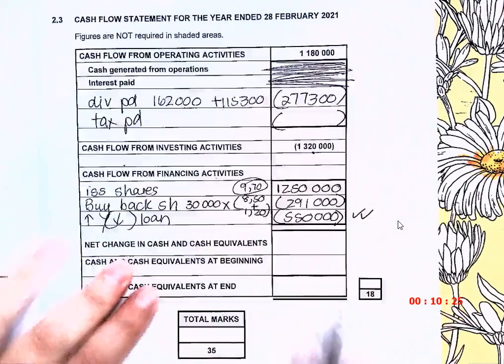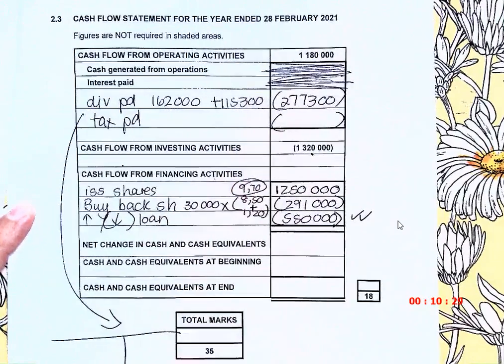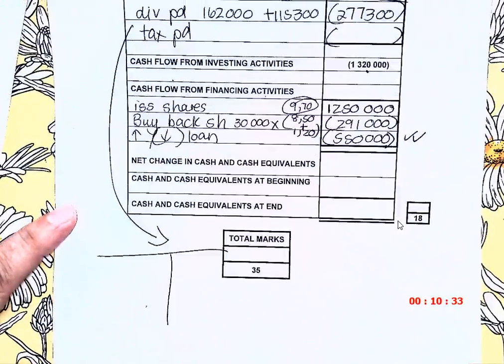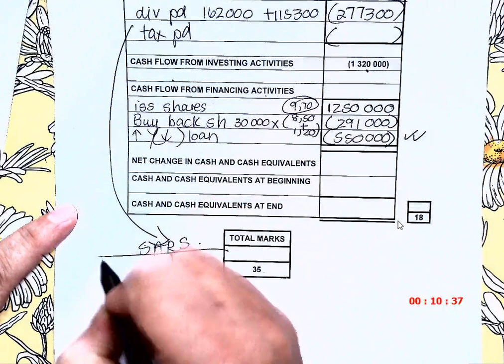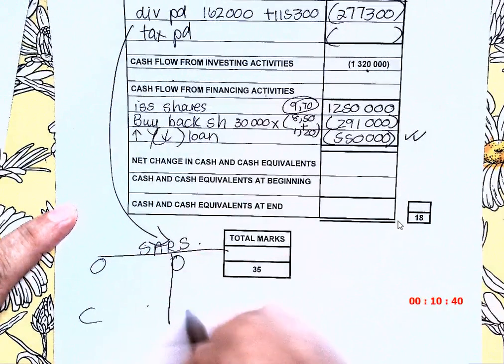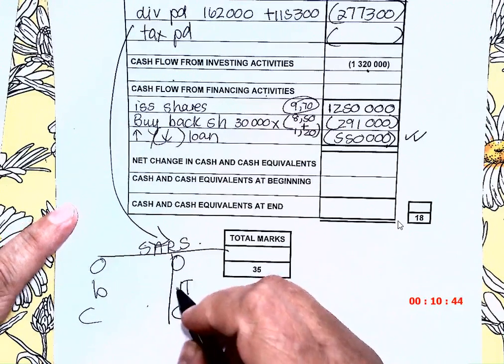Tax paid, you draw a T and give me an indication that it's here. Can you just write? You can do it like that, or you can say such. And I've got an opening and a closing and a bank and an income tax.